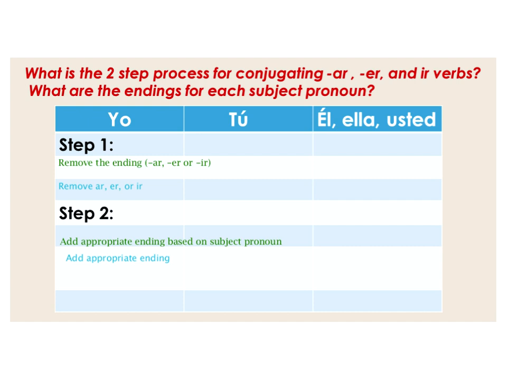So, what are the endings for an AR verb? You can just type them out. For the yo, the tú, the él, ella, usted, what are the appropriate endings? I see Nina writing. I see Jamiria writing. I see Taylor.